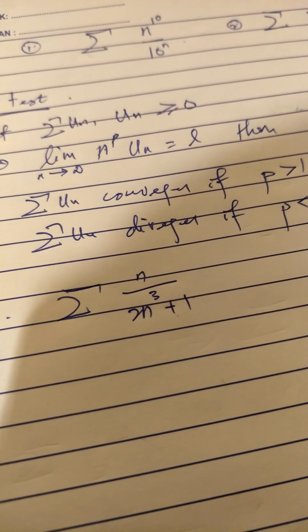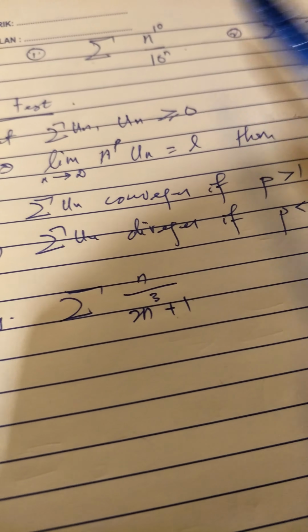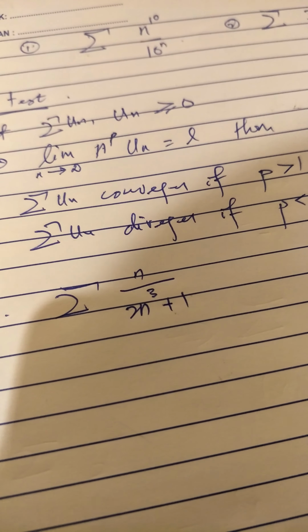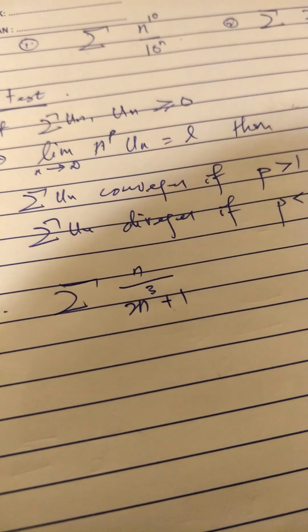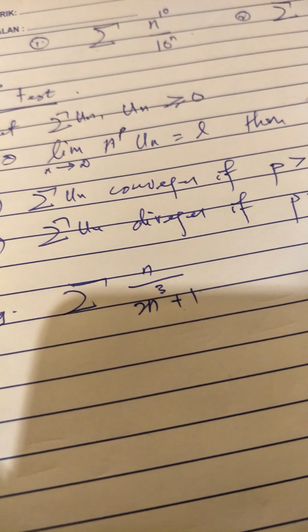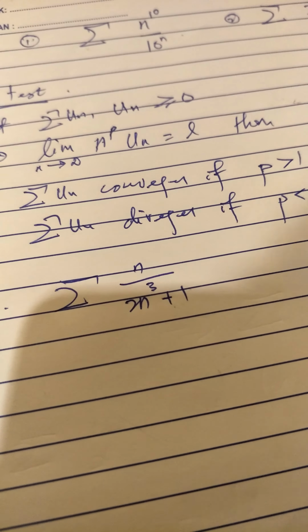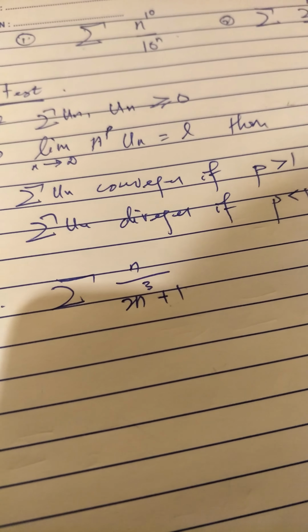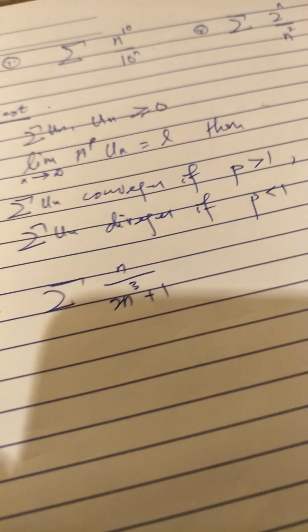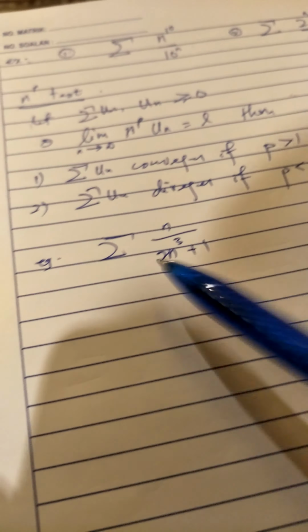Not necessarily. Sometimes it works for a couple of tests. Maybe it works for the comparison test and probably for other tests as well. The test is not unique. Okay, so let's try this.